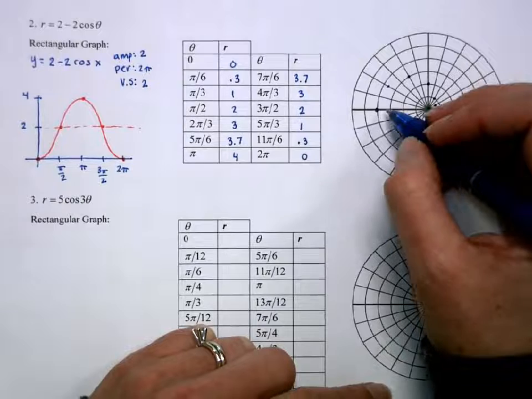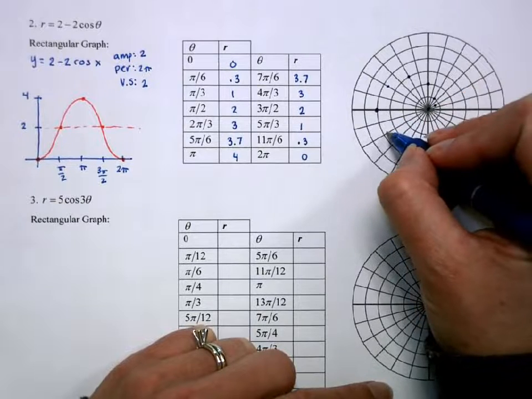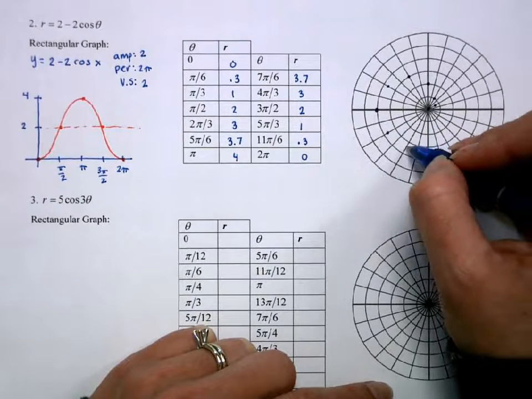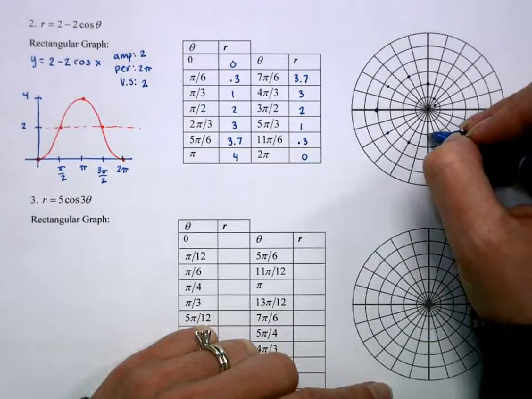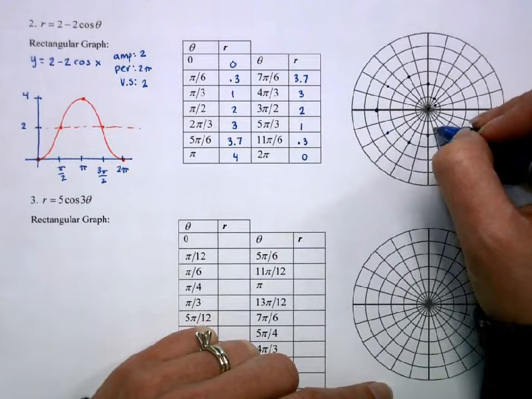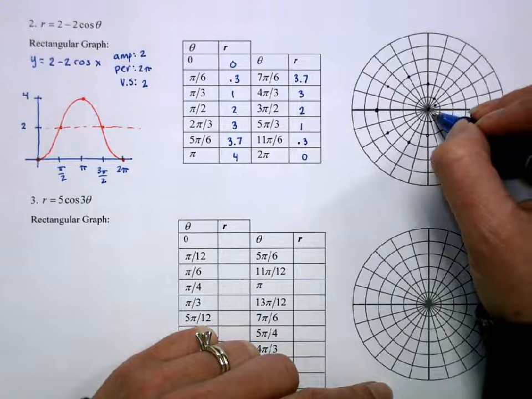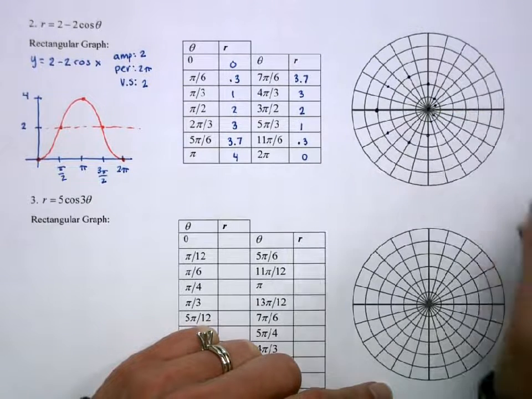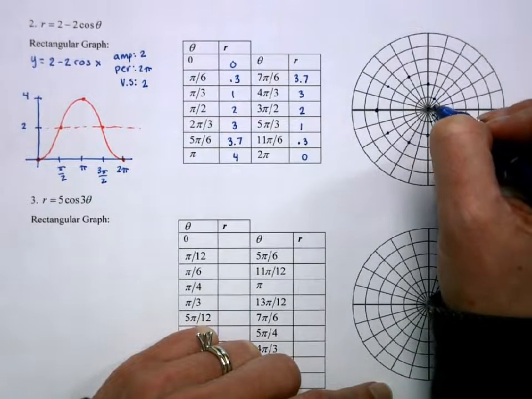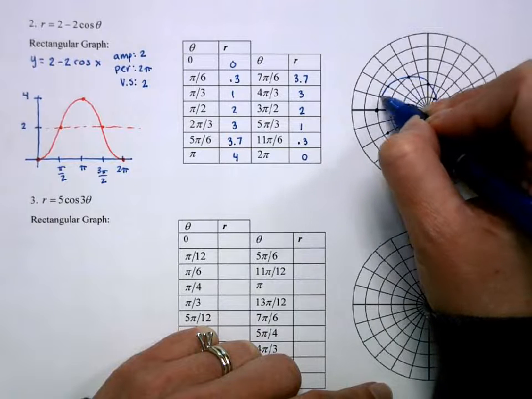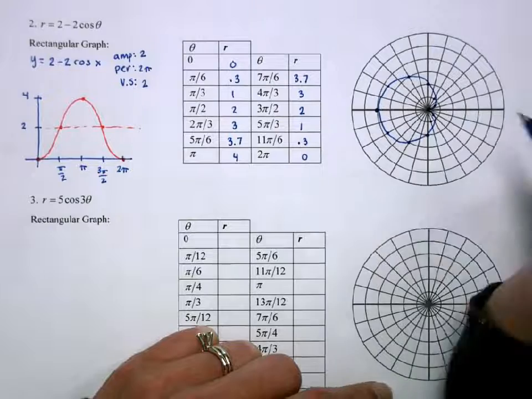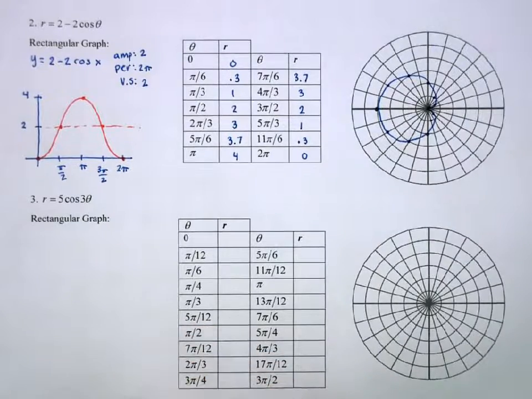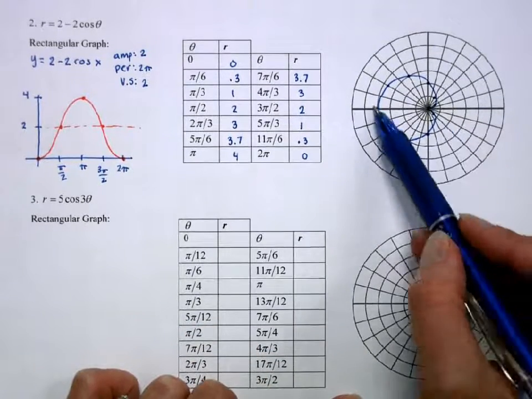Then we're going to start moving closer to the origin, which is something we'll talk about in topic 3.15. 1, and then a little 0.3 here. Okay, so when I connect my dots, this graph kind of looks like a shell almost. It has a little dip here, then it moves out, and then it dips back in.